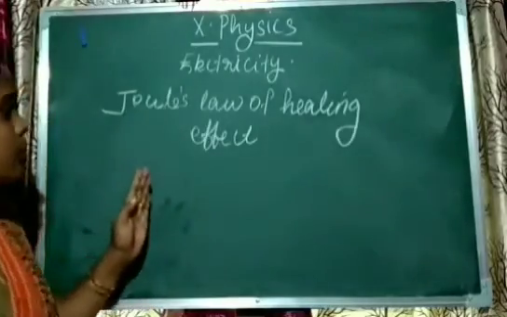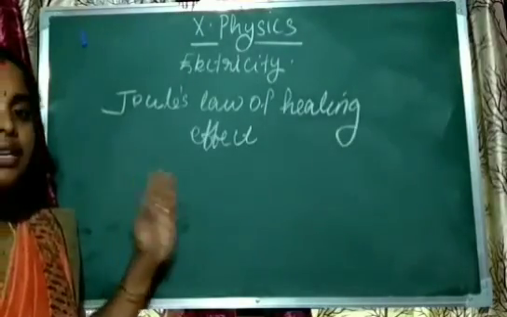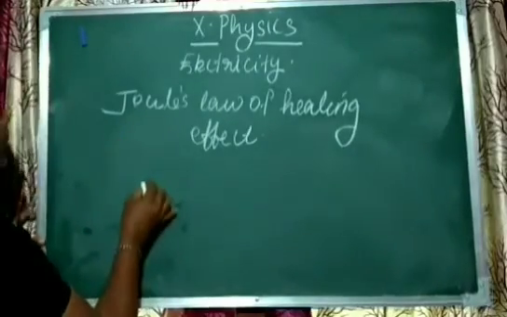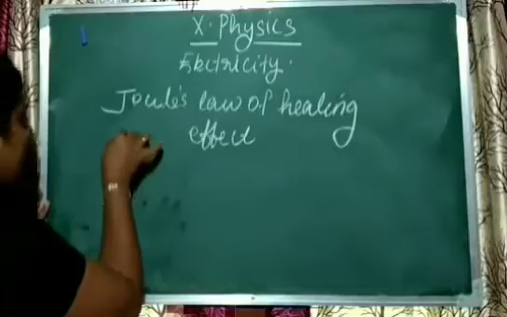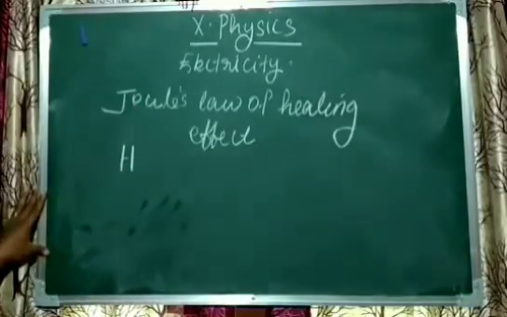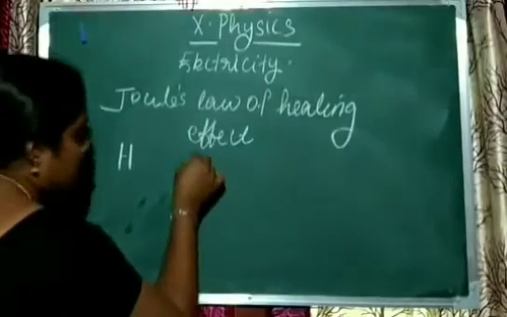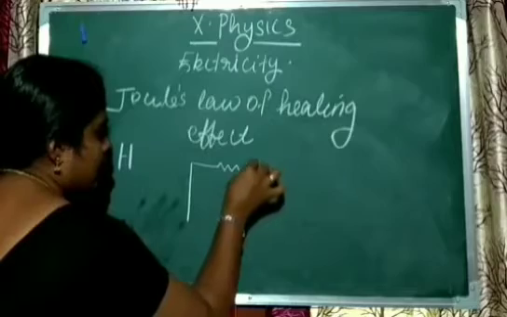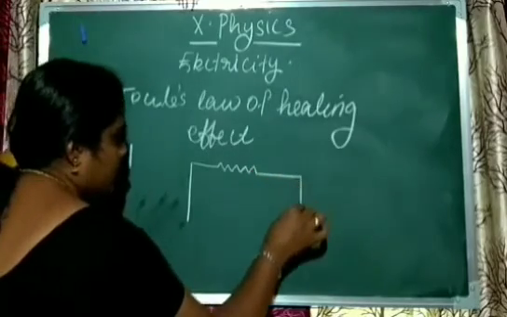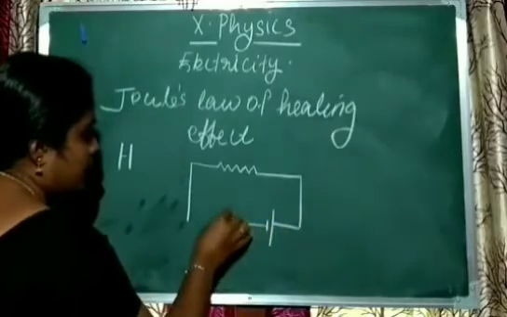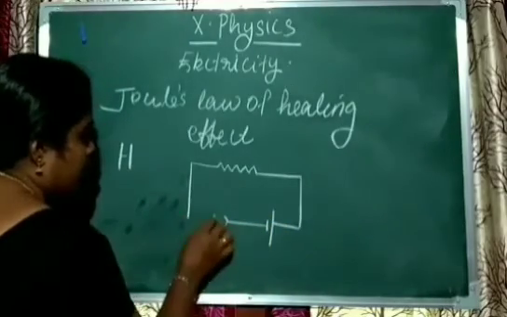I told you heat energy will be developed when electricity is passing through a conductor. Let H be the heat energy developed in the conductor. Let us consider a small circuit. Here I connected a resistor, and this resistor is connected to a cell and a key also.